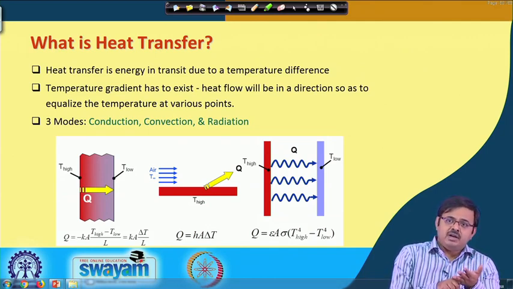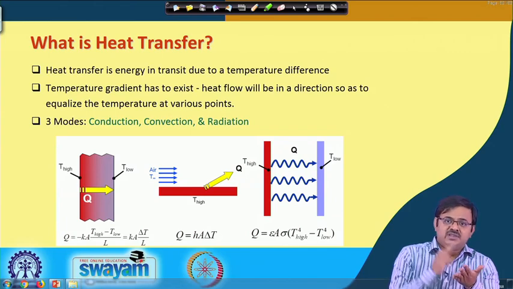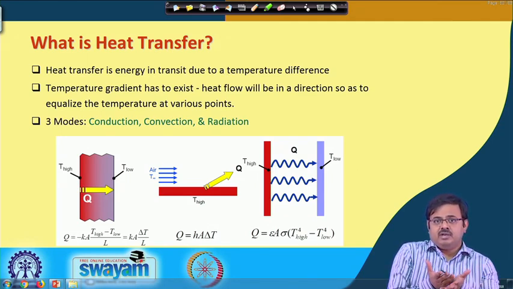It is going to depend on the properties of the fluid, whether it is air or water, and we will see later that those properties include thermal conductivity, viscosity, density, specific heat, okay?